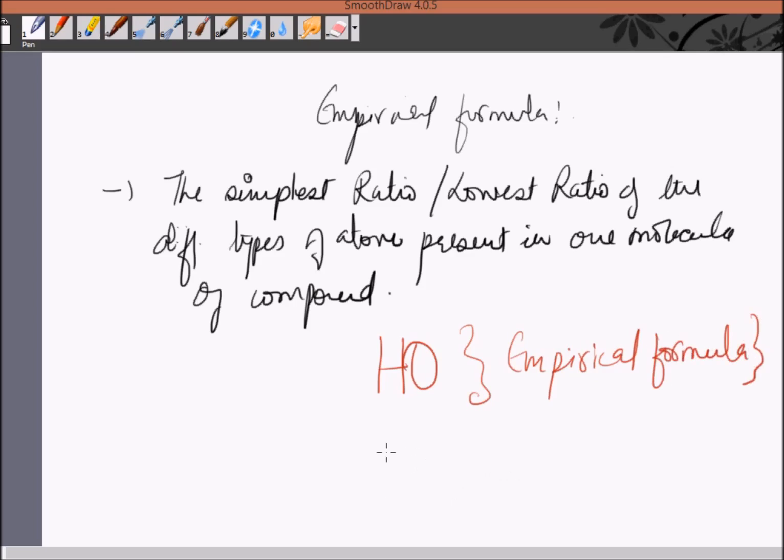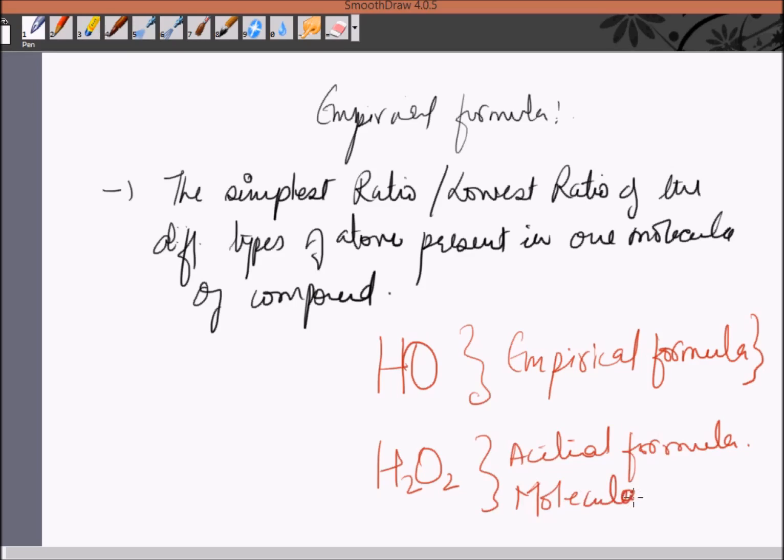No. This is the actual one. This formula is also called molecular formula. So friends, now you can differentiate what a molecular formula is.